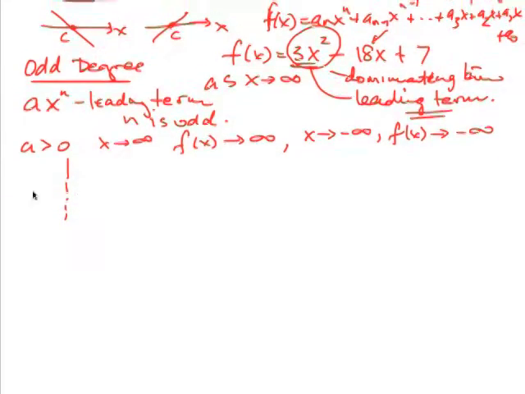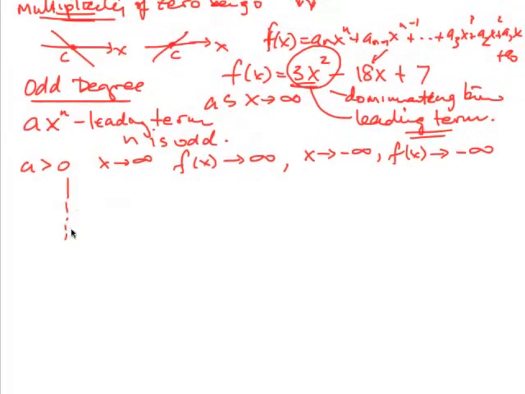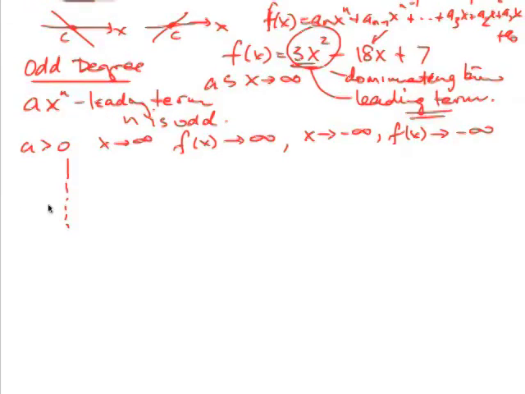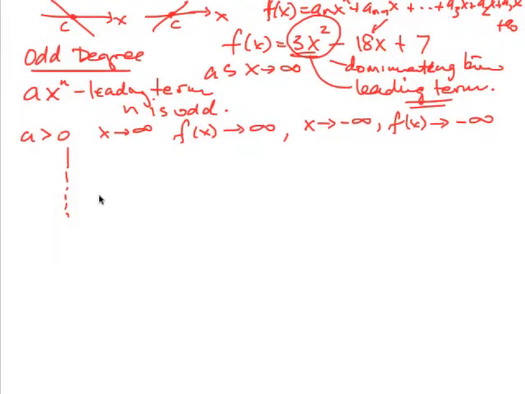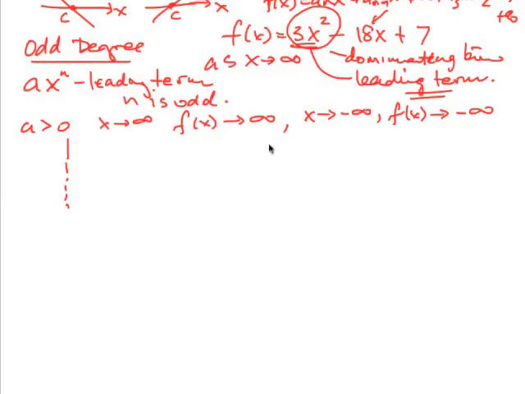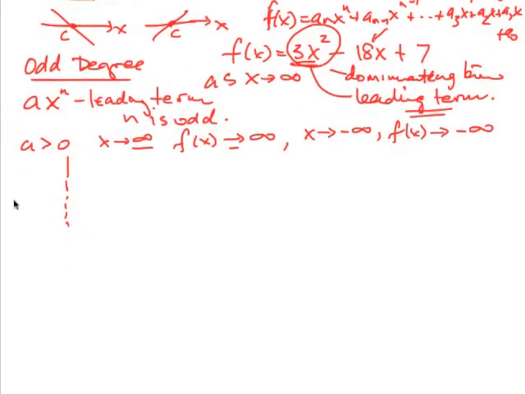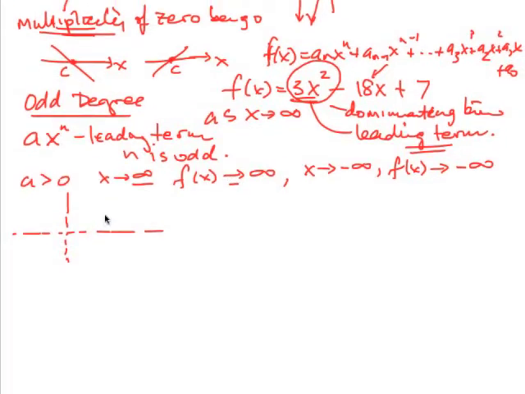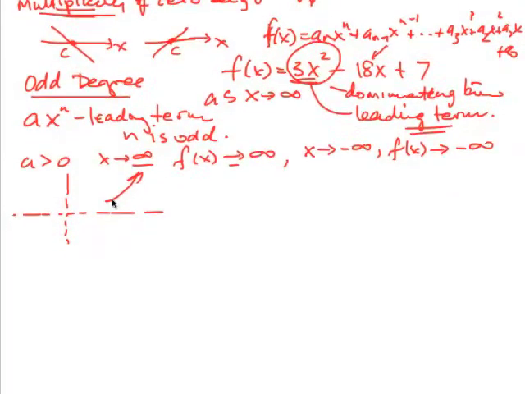If I want to look at that, I'll look at a sort of virtual axis here, if you like. What's going to happen is this. As x gets positive, towards the positive direction, that means we're moving this way. Then our function is getting larger in the positive direction, so it's going up like this.